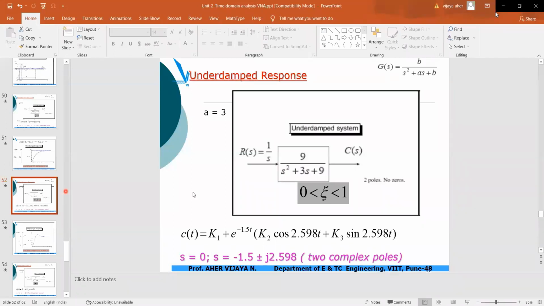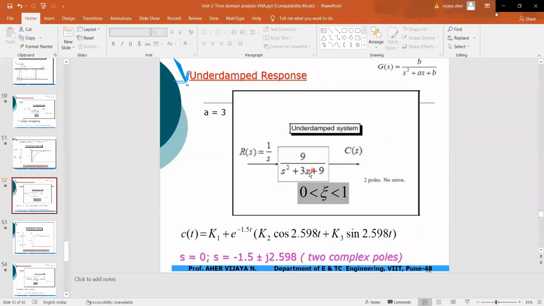At the same time, I have taken one more transfer function, and that is different. Here again compare this equation with the standard one, that is b divided by s square plus as plus b, right? What is a? a is equal to 3. So this is an underdamped system.